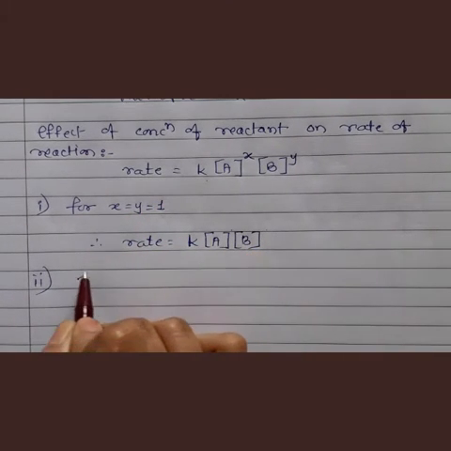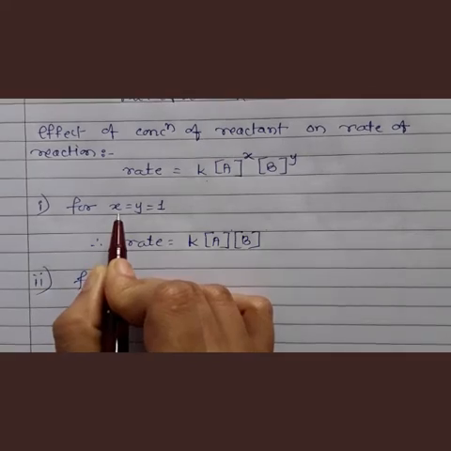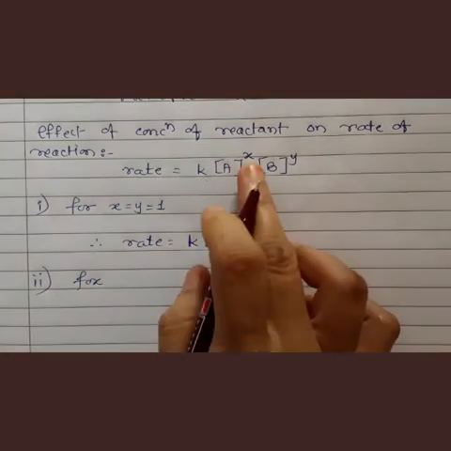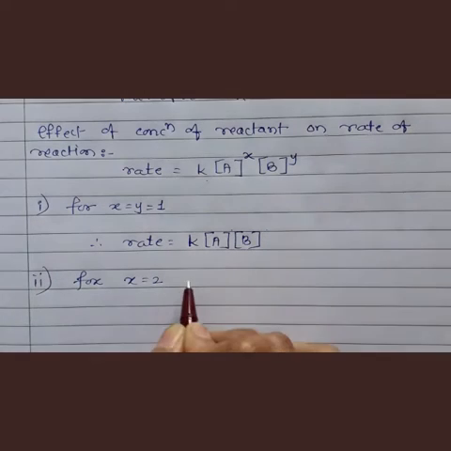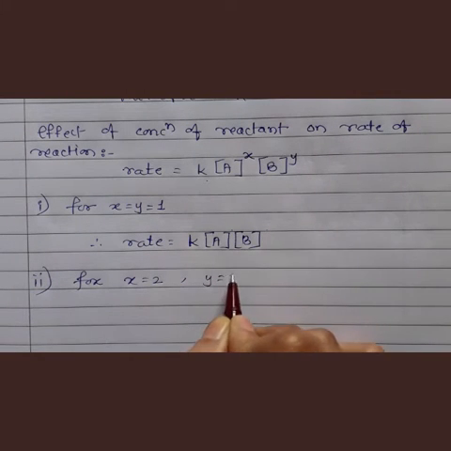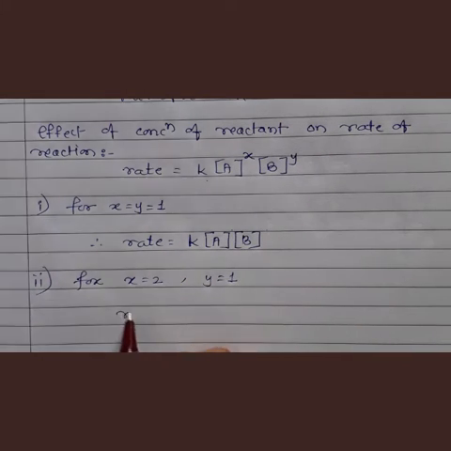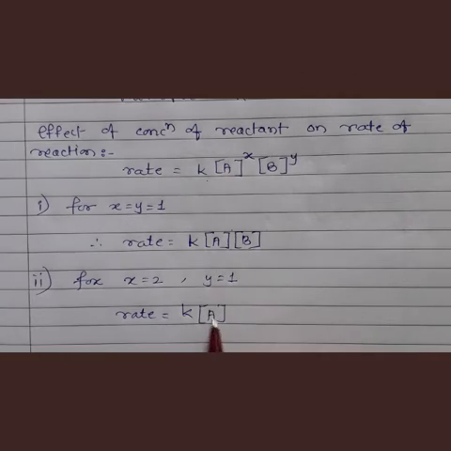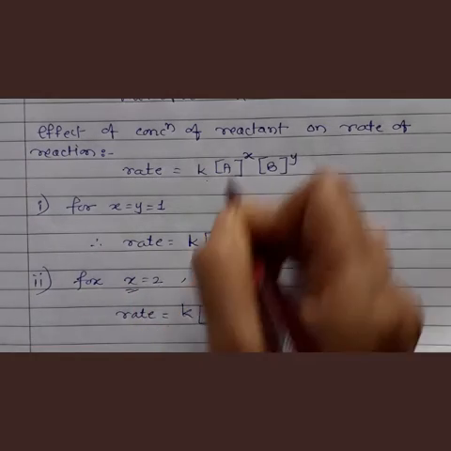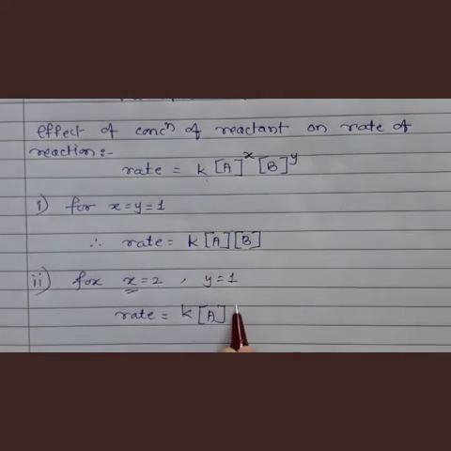Okay. Now, suppose for the concentration of A the exponent x becomes 2. Okay. x is equal to 2 and y is equal to 1. So at that time how will our rate law become? K, A. In place of x what do we have to write? 2. Here we have to write 2.